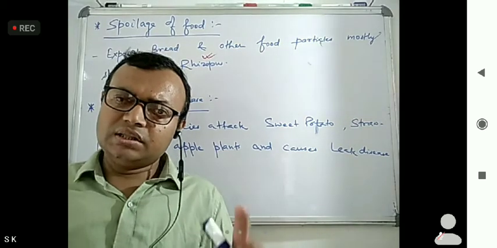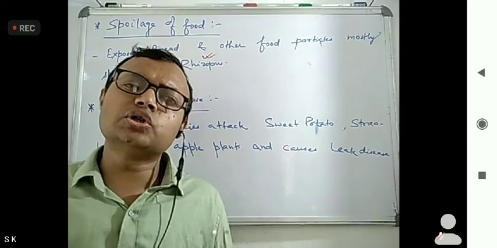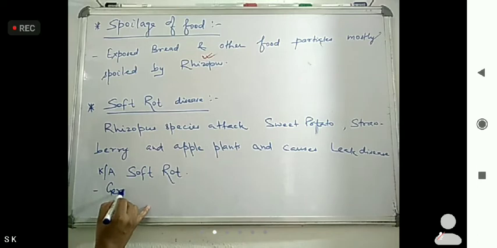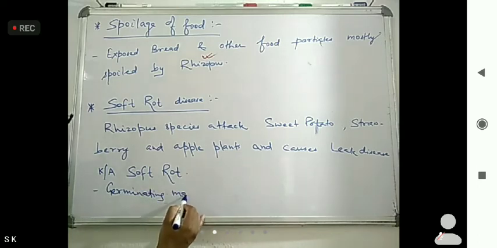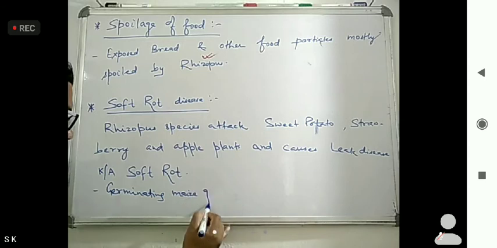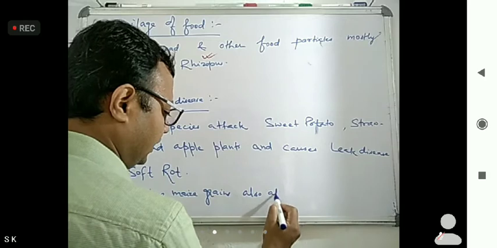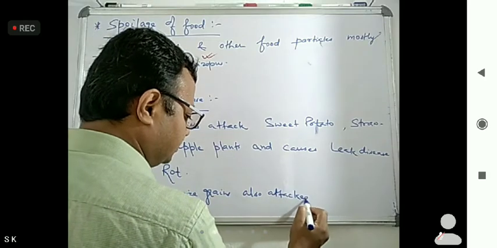Now the germinating maize grains are also attacked. So here also what happens? Germinating maize grains are also attacked by rhizopus.